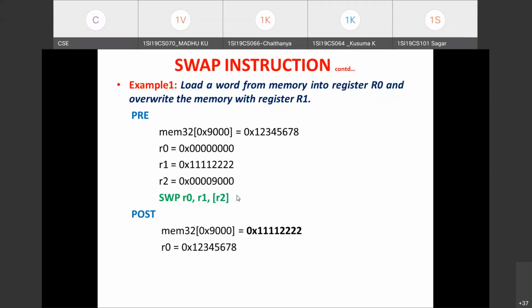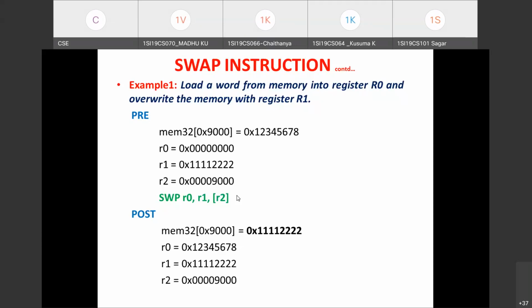So the content of memory location 9000H is written to R0, and whatever is in R1 is written to the address held in R2, that is 9000H. The R2 pointer is not changed, and R1 is not changed since it is the source operand in the instruction, whereas R0 and the memory location 9000H are altered.